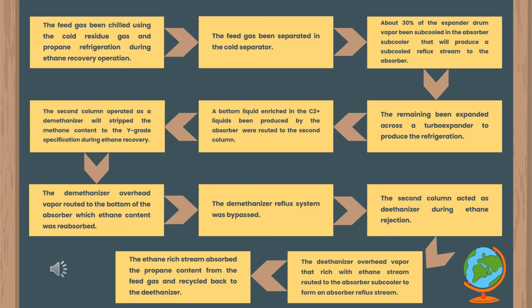The demethanizer reflux system is bypassed. Then, the second column acts as the de-ethanizer during ethane rejection. The de-ethanizer overhead vapor, which is rich with ethane, is routed to the absorber subcooler to form an absorber reflux stream. Lastly, the ethane-rich stream absorbs the propane content from the feed gas and is recycled back to the de-ethanizer.